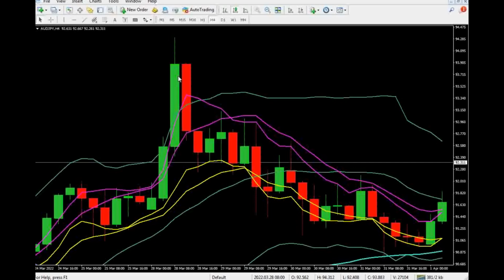The third one is there is a rejection candlestick that moves down very strong, closing inside the Bollinger Band. But there is no retest candle. This is a good extreme, but it does not make an opportunity for a selling position.